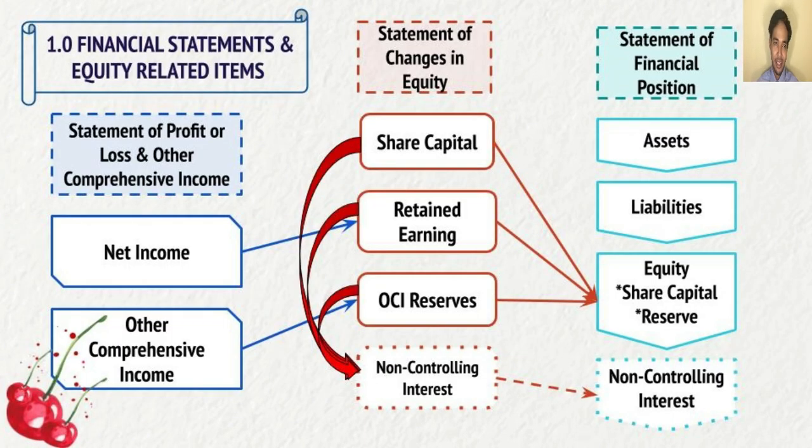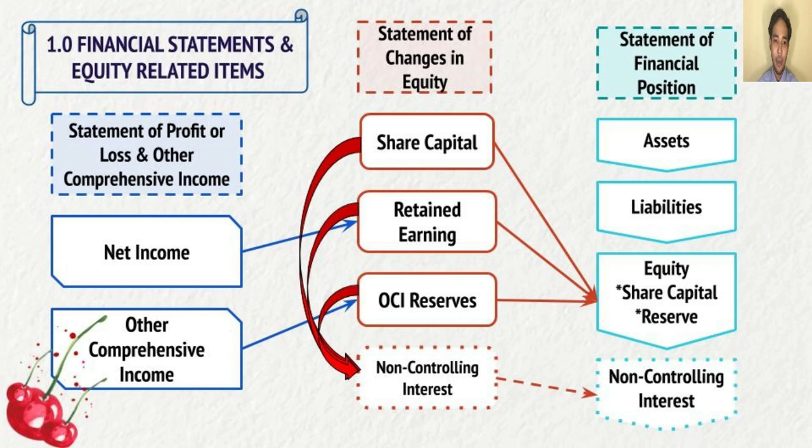We also already learned about financial statement and equity related item, which Izzati already explained in the third slide. There are two components in the statement of profit or loss and other comprehensive income, which are net income and other comprehensive income. These components then will be transferred to statement of changes in equity, where net income will be in retained earnings and OCI will be in OCI reserve.